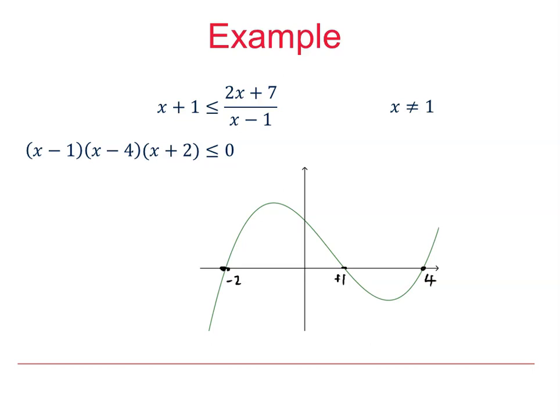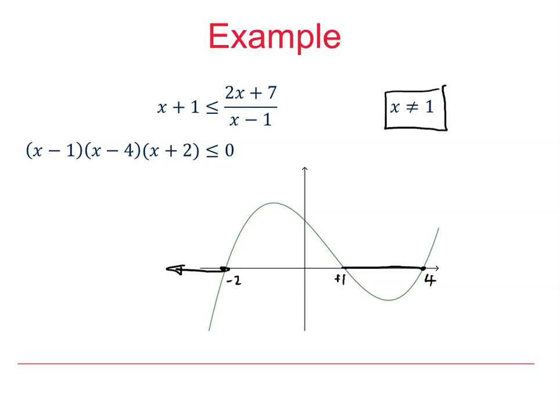Now we want less than or equal to 0, so we're from -2 downwards and between plus 1 and plus 4. But again we have to be very careful, don't we, that we don't include the value x is equal to 1, because that would be 0 in the denominator of our inequality, and it's not therefore defined at that point.